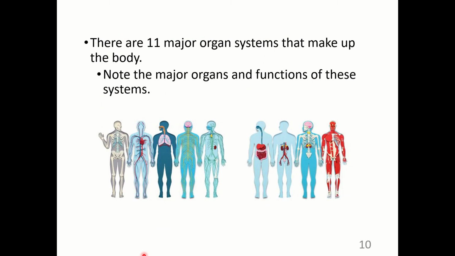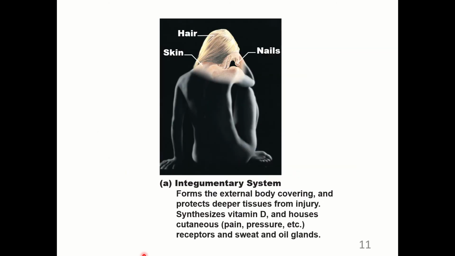There are 11 major organ systems that make up the human body. In the following slides, note the major organs and functions of these systems. The integumentary system forms the external body covering and protects deeper tissues from injury. It is composed of the skin, the hair, and the nails.